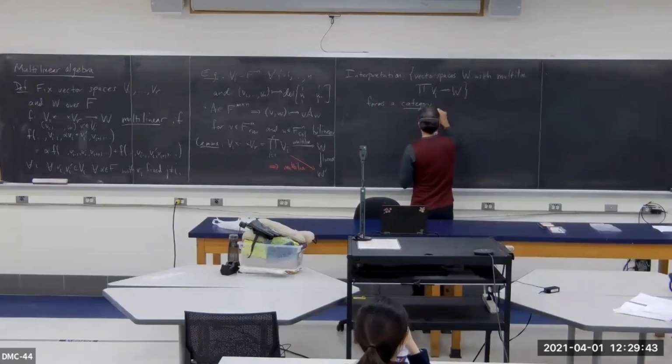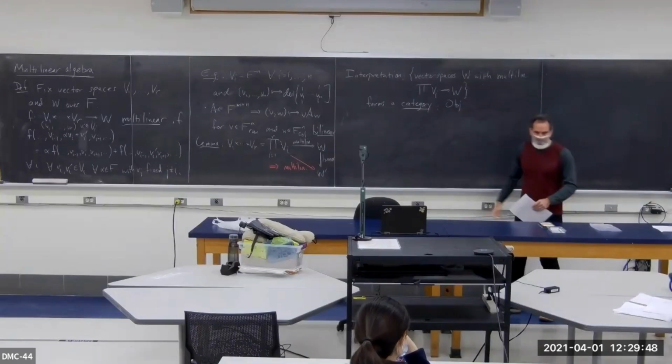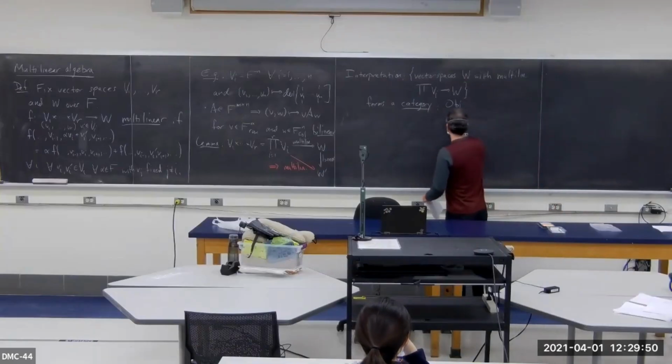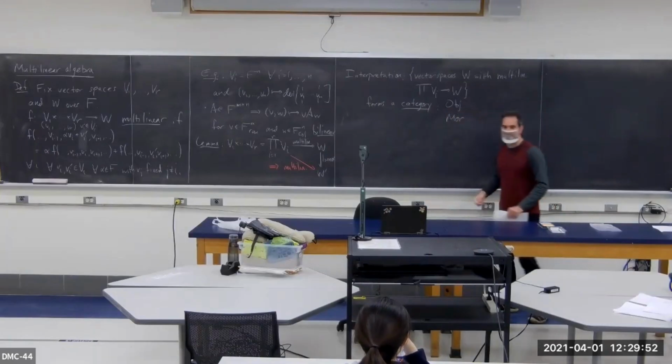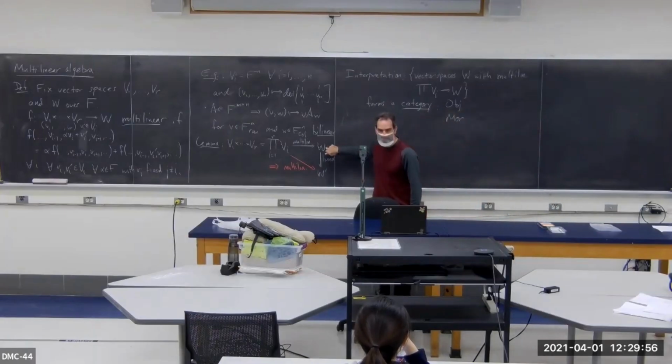I'm not actually going to define it, but it is a collection of objects and a collection of morphisms. An object in this category is going to be a vector space W with a multilinear map from the product to W.